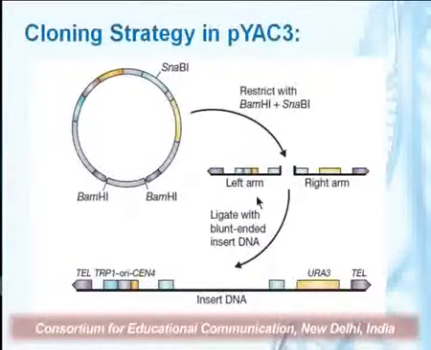What happens is that it is digested and you can have fragments. The BamHI fragments, in 3 fragments, can be separated, and the SnaBI restriction enzyme is used. The fragments containing the BamHI flanking sites on both sides are discarded, and the right and left arms are utilized to insert the genome.